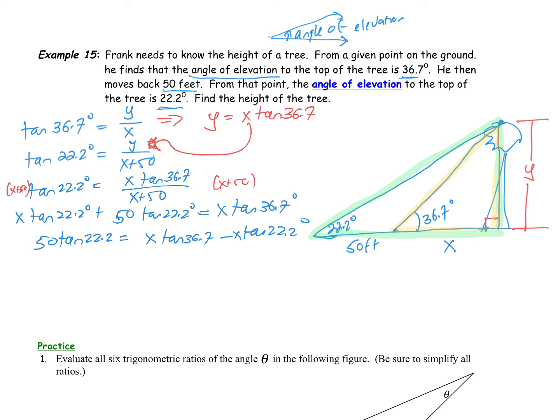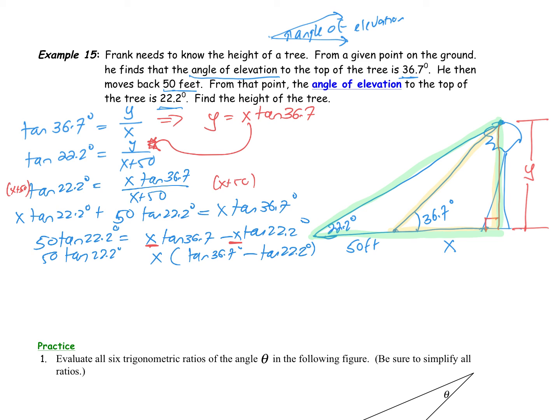To isolate x here, we'll need to factor it out. So I'm going to factor out x on the right side of the equation. So that will give us x times tangent 36.7 degrees minus tangent 22.2 degrees is equal to 50 tangent 22.2 degrees. And tangent 36.7 minus tangent 22.2 is a constant.